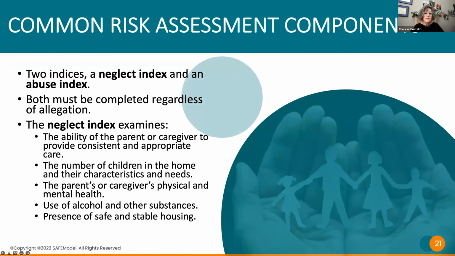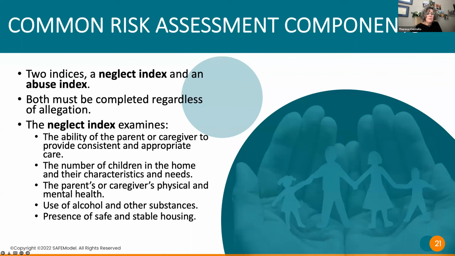Some common components of risk assessment models. Frequently we see indices, and there are usually 2 different types used, a neglect index and an abuse index. Regardless of the maltreatment that's been reported, a best practice would be that both of these indices are used.